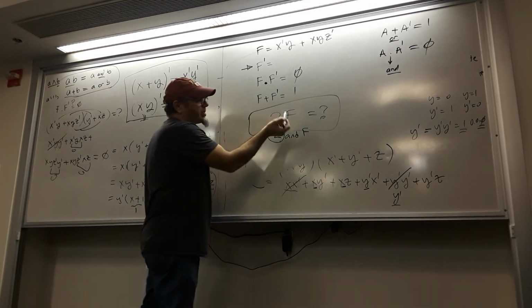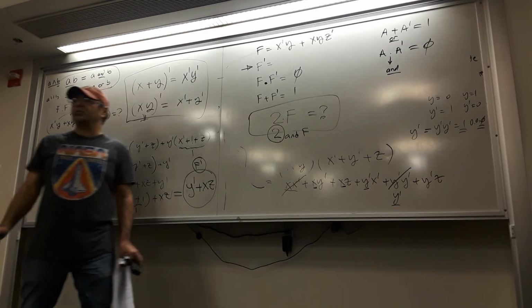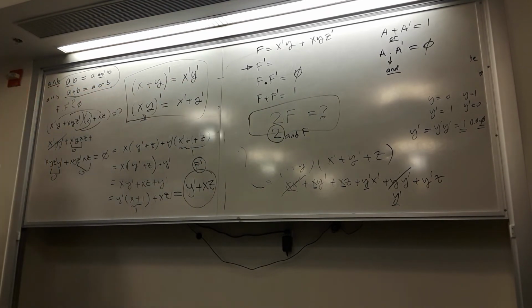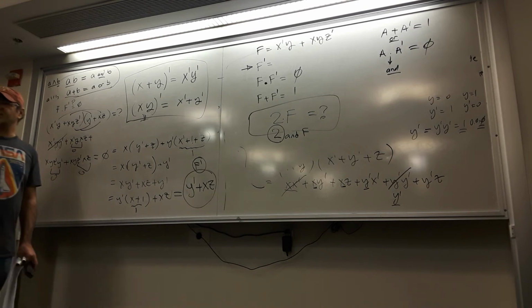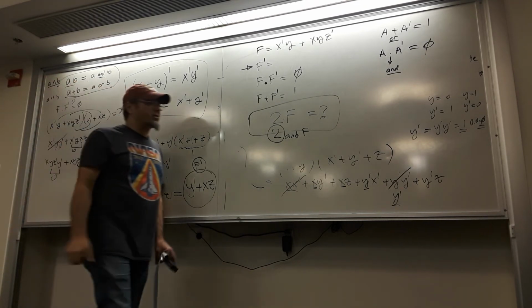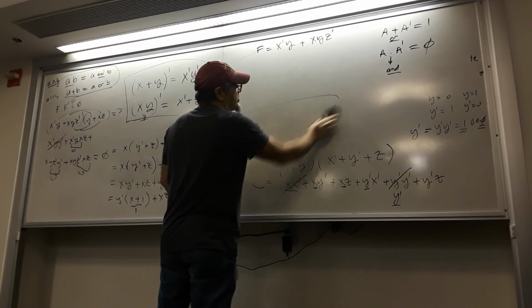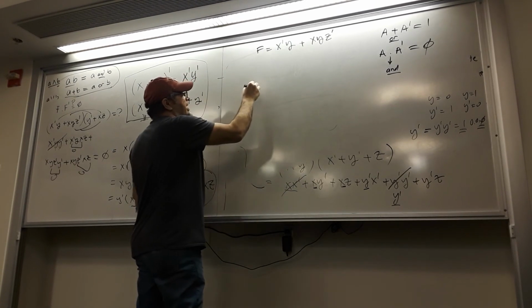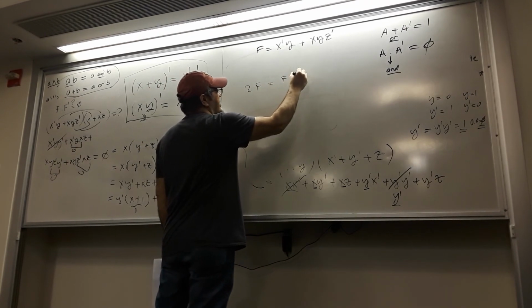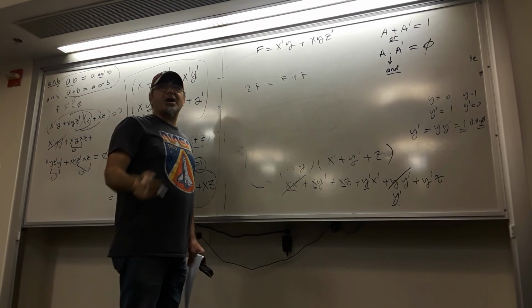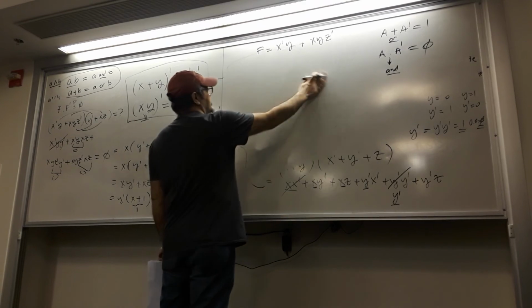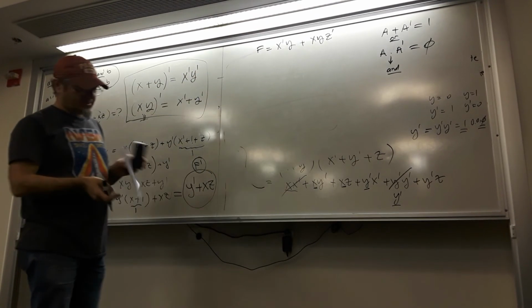There's no such operator like multiplication in Boolean algebra. So the answer is undefined. But you might think that 2f actually means f plus f, right? You might think that way, but no, it's not the same thing.